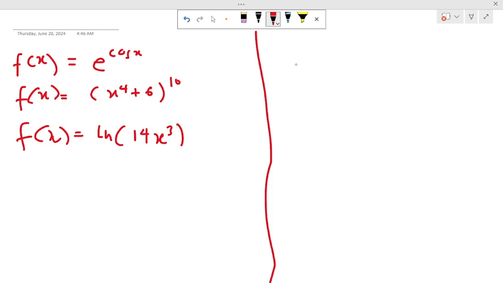Now, suppose we have a function in the form e to the power u, where u can be any function at all. When we are asked to differentiate this function, we will differentiate the power of e first.